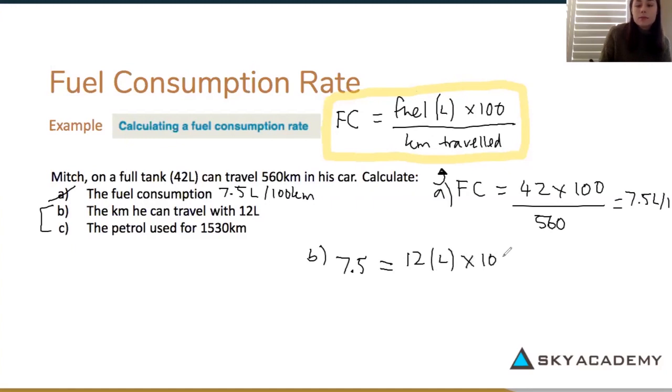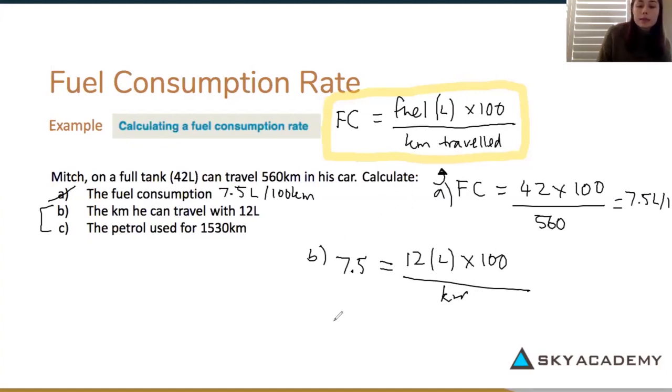times 100 over the kilometres, which I'm trying to find. And so to do this, I'm going to get the kilometres by itself. So I'm going to take this numerator across to the other side.